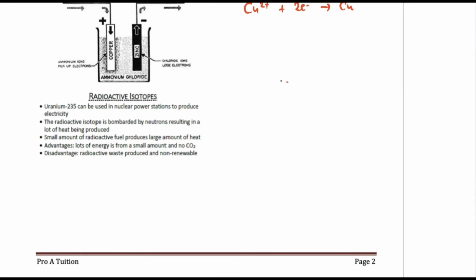So it's a big uranium-235 nucleus. You use a neutron to collide with it, and then the nucleus breaks down and a lot of energy is released to the surroundings. A small amount of radioactive fuel produces a large amount of heat.